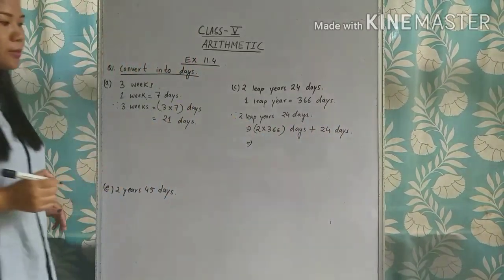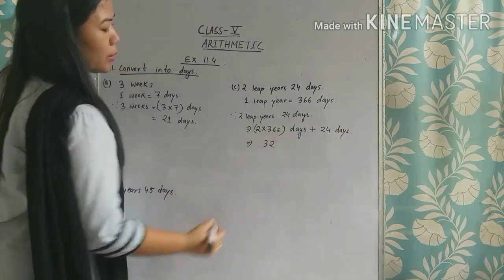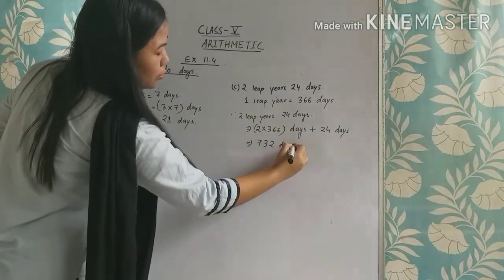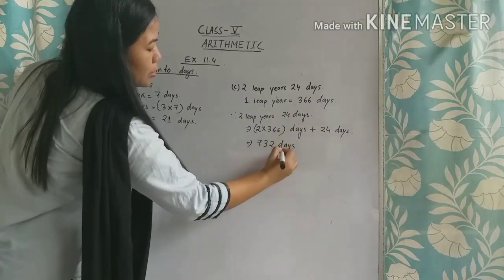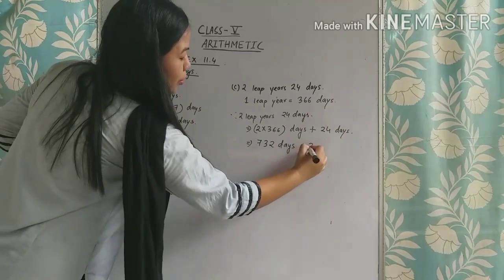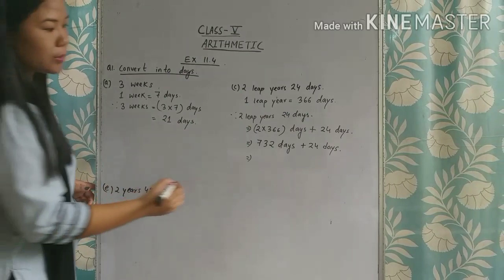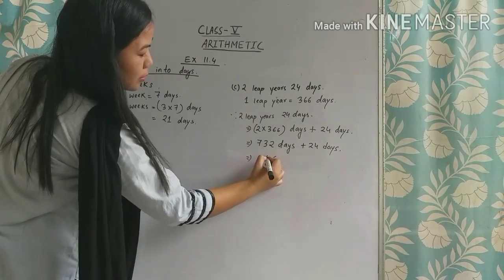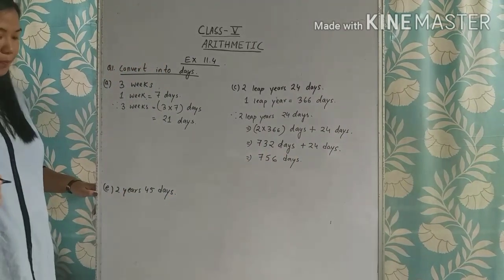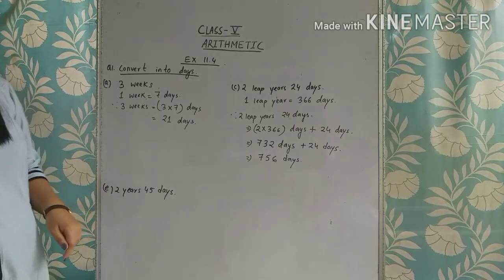Now multiply this. 6 2s is 12, 1 in hand, 6 2s are 12, 13, 1 in hand, 3 2s are 6 plus 1, 7. So 732 days plus 24 days. So if you add, you will get 756 days. Clear?